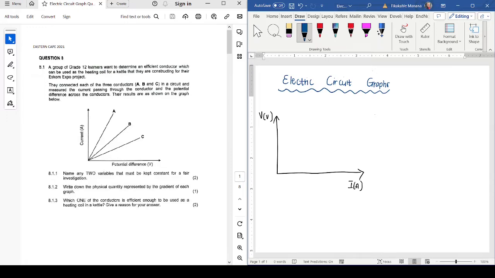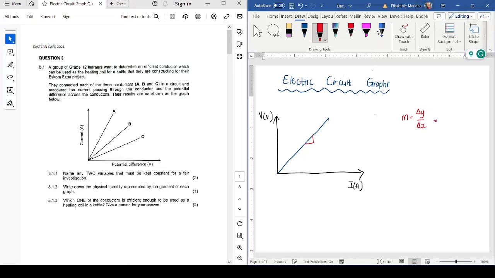Okay, so let's say we have a graph of voltage versus current. What kind of relationship are we expecting? Well, we're expecting a positively linear function. And what would be the gradient of this function? Remember, gradient is delta y over delta x.